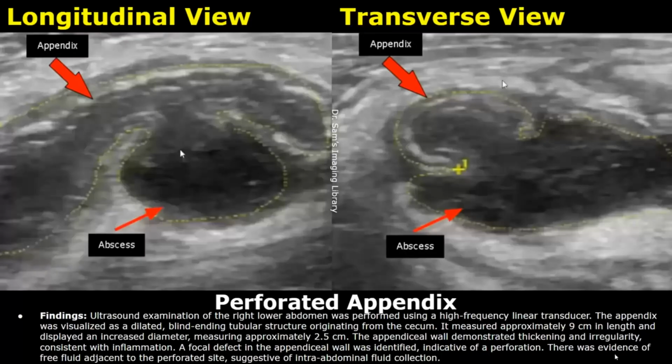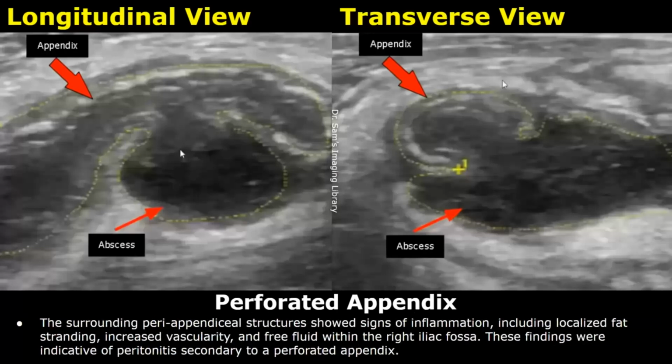There was evidence of free fluid adjacent to the perforated site, suggestive of intra-abdominal fluid collection. These are the comments on periappendiceal structures which showed signs of inflammation, including localized fat stranding, increased vascularity, and free fluid within the right iliac fossa.